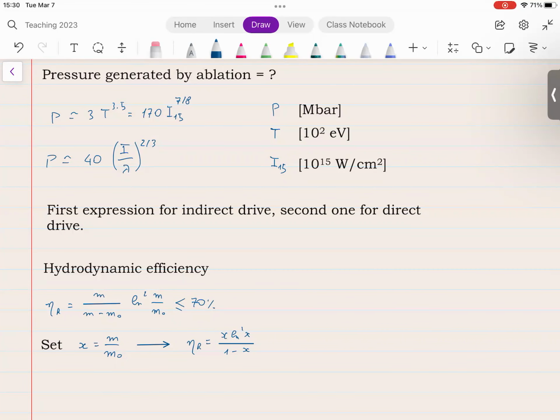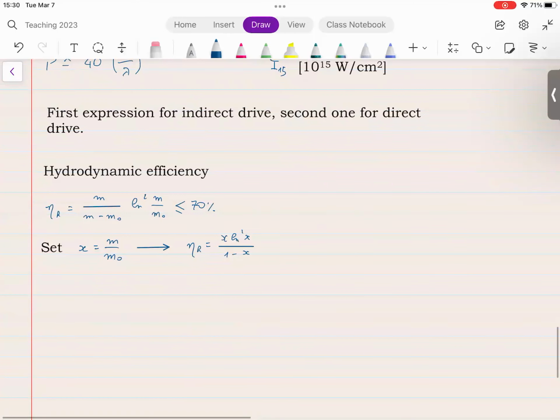As I said, this was all for a pretty idealized case. In reality, there is more that comes into play. The first issue is that the ablated material is not just moving with a certain velocity, but it's vaporized and it's acquiring thermal energy.